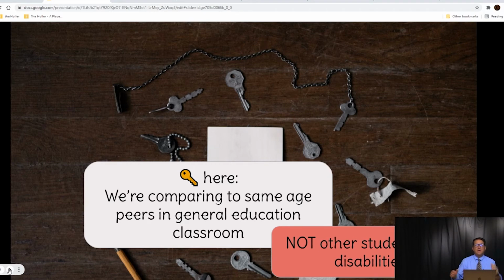We're not comparing to other students with disabilities. And we're looking at how far these students are away from age expected performance within the standards, and documenting what they are able to do and what they're not able to do, and what their needs are and what their barriers are, and the need for this significant difference in their program.